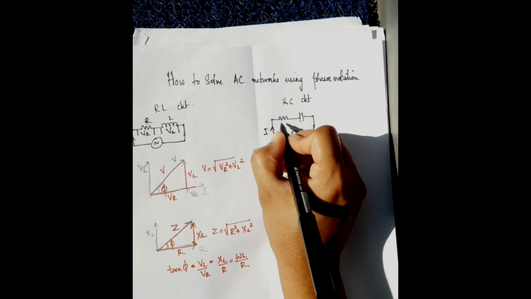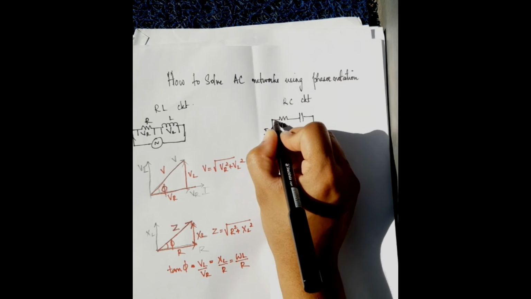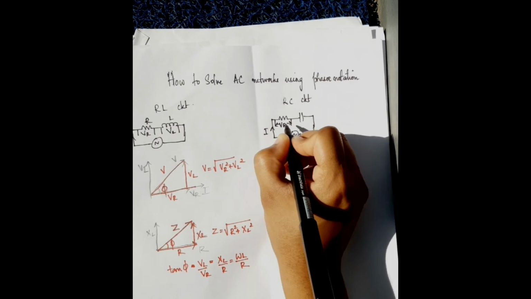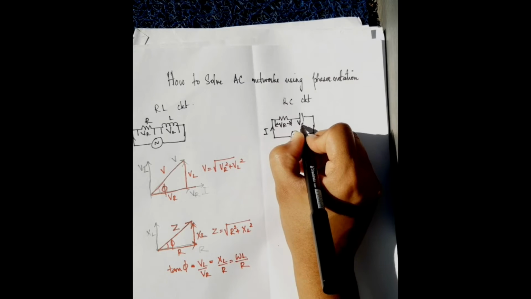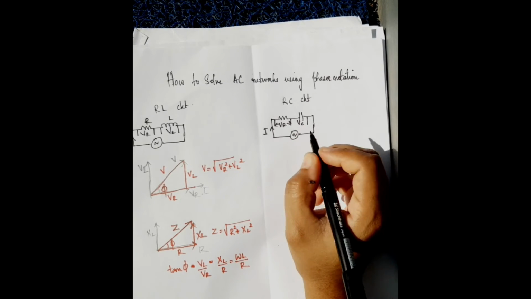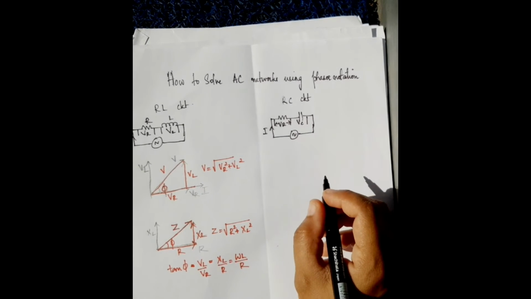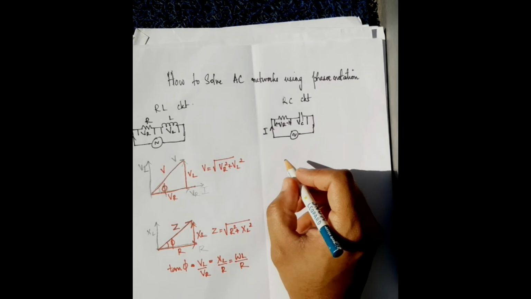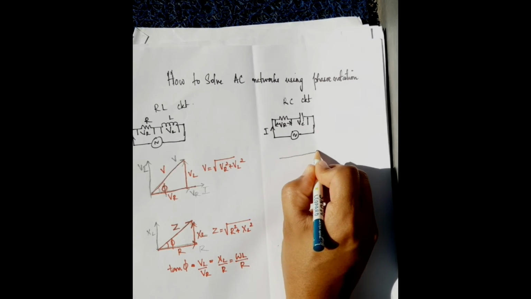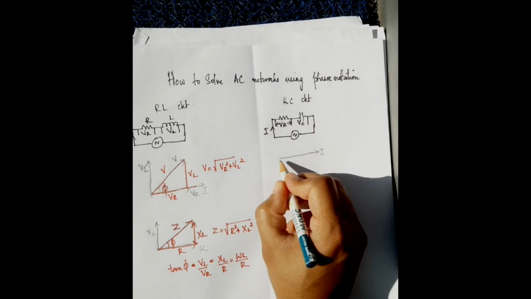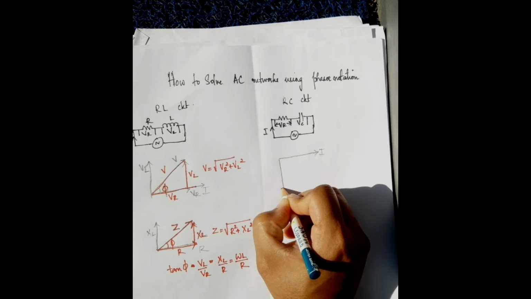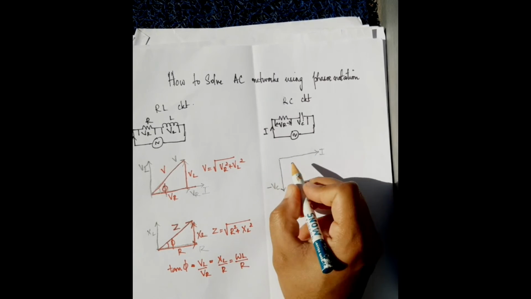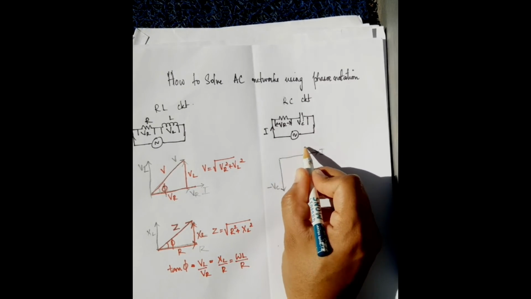We know that the voltage across the resistance is in phase with the current applied, while current leads the voltage across the capacitance. So current we have, and negative VC, because current is 90 degrees leading VC, and we have VR which is in phase with current.